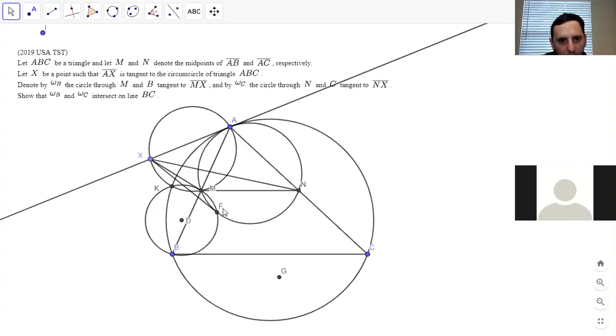We just need to show that the circle BFM is tangent to XM, right? Yeah, sorry, John, I know you said that earlier. It's in the chat right here, but my brain is just trying to figure everything out.